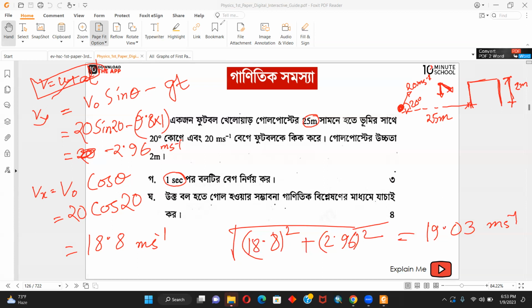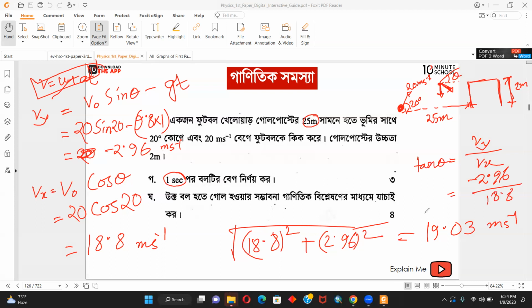And what is the direction? Obviously, you can understand that the ball will be going downwards, but still let us calculate the angle. If it forms an angle theta, then tan theta equals vy upon vx. We have already done that. So vy equals minus 2.96 and vx is 18.8.